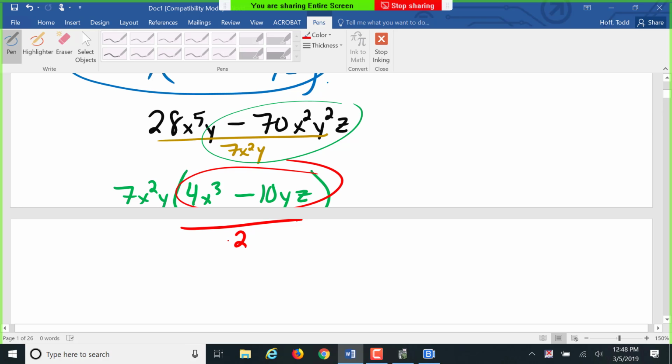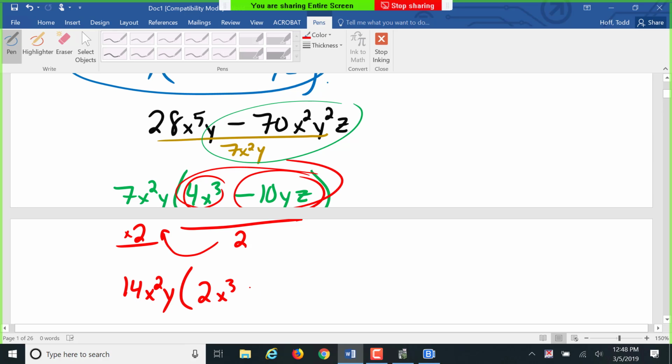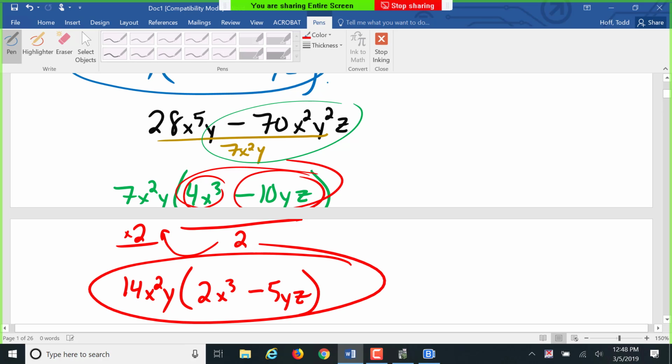Well, when I divide out that 2, I have to put it somewhere. I'm going to combine it with the 7x squared y. So it becomes 14x squared y. Dividing out the 2 here, 4 divided by 2 gives me the 2x to the third. -10yz divided by 2 gives me -5yz. So we can still end up in the place we need to go. It's just an extra step.